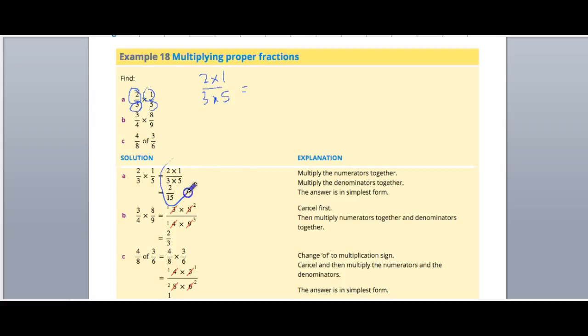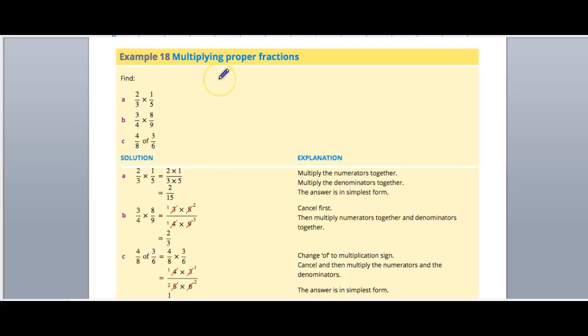And you can see the working out here as well. So 2 times 1 is 2, 3 times 5 is 15. In this case, you are left with the fraction in its simplest form, but that's not always going to be the case. So let's have a look at a few more examples.